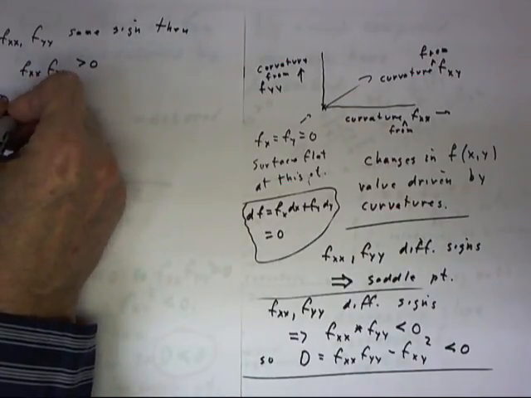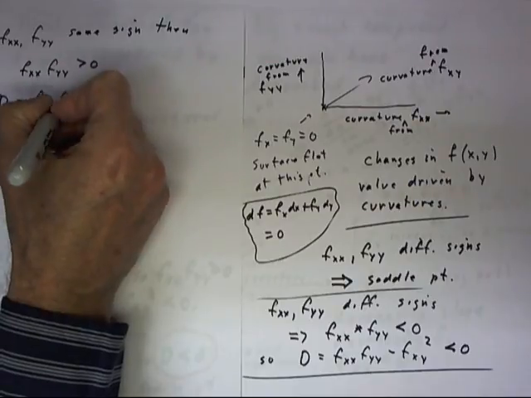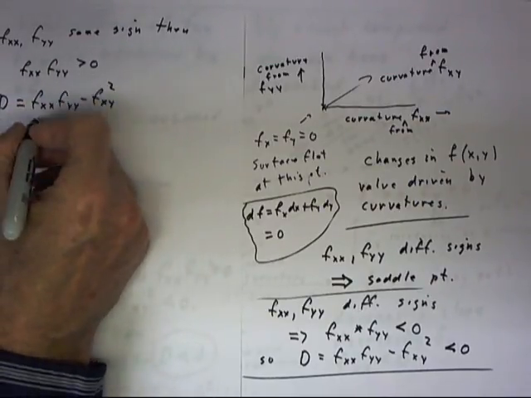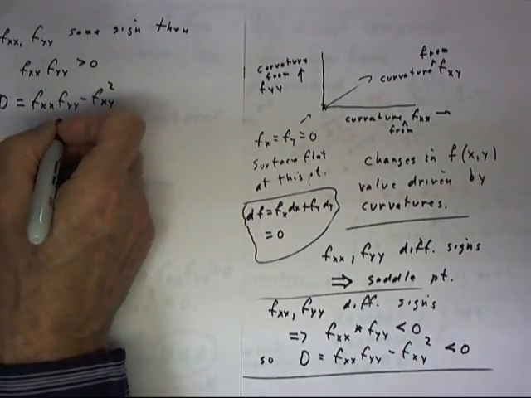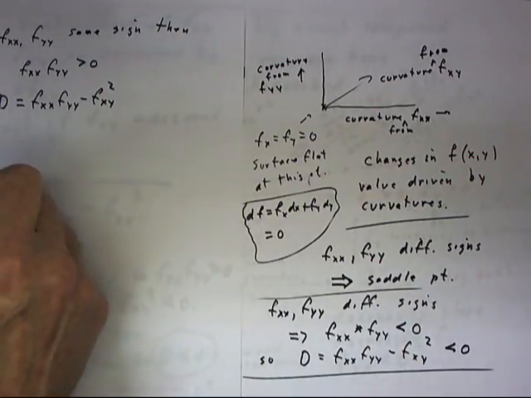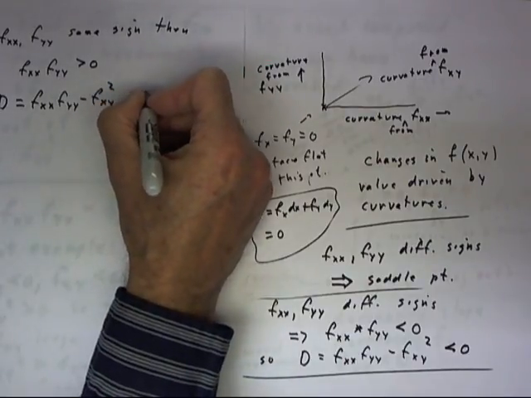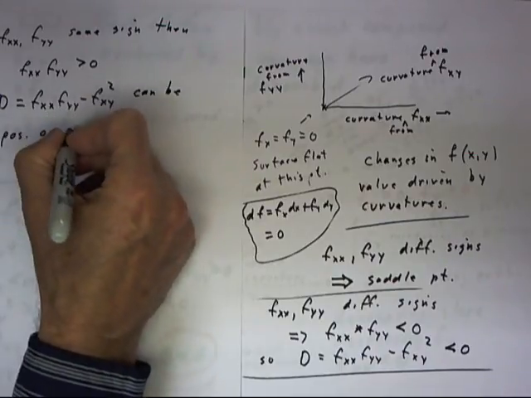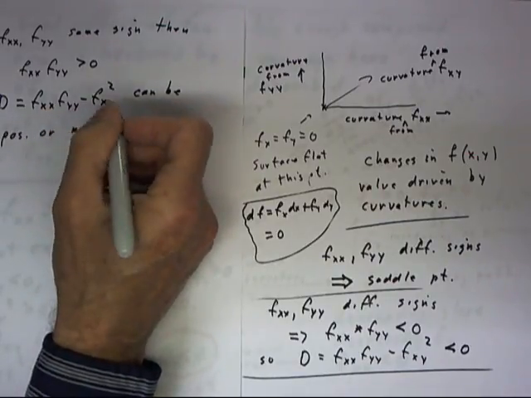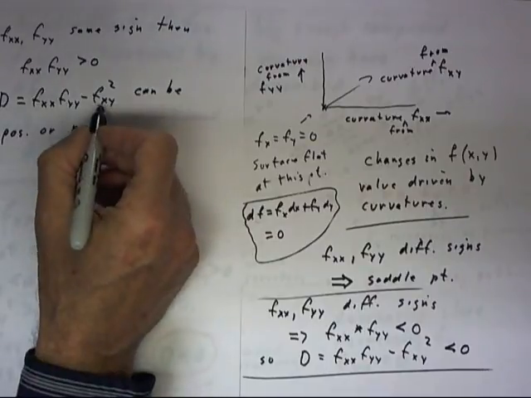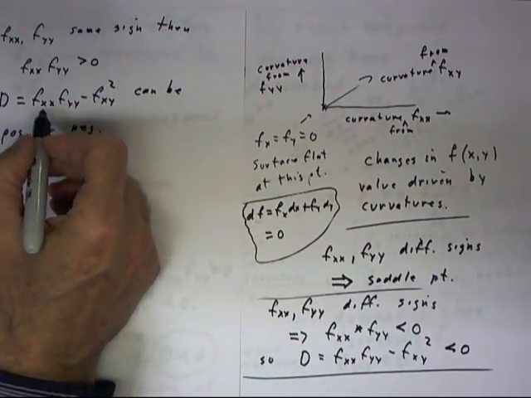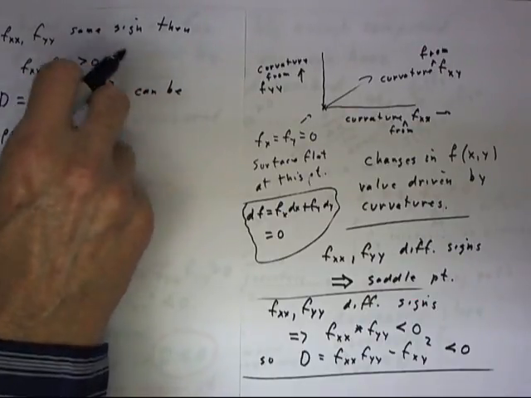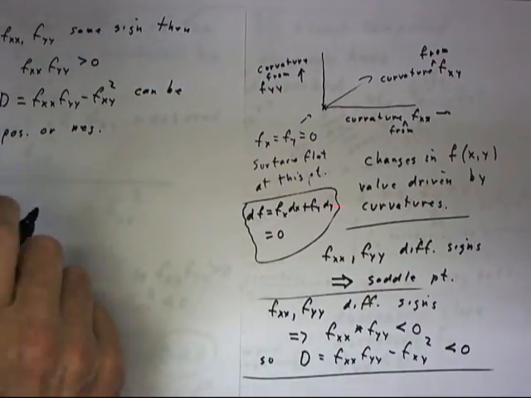Then the discriminant fxx fyy minus fxy squared can be positive or negative, depending on how big fxy is compared to the fxx and fyy, and how big the square of this is compared to this product.